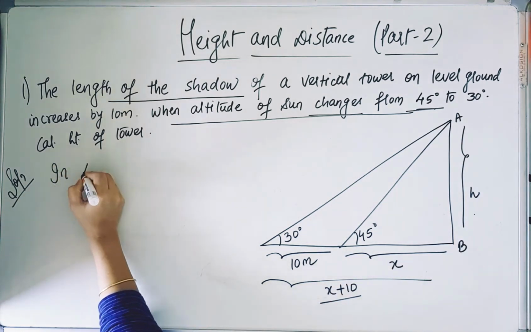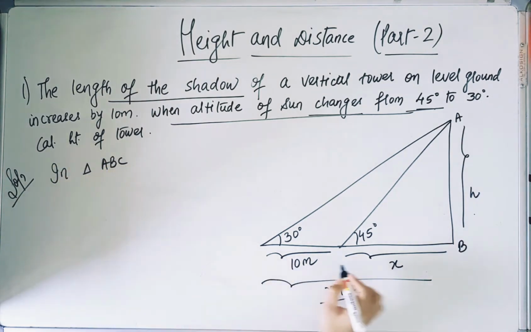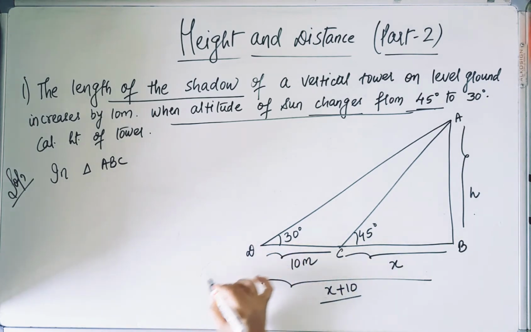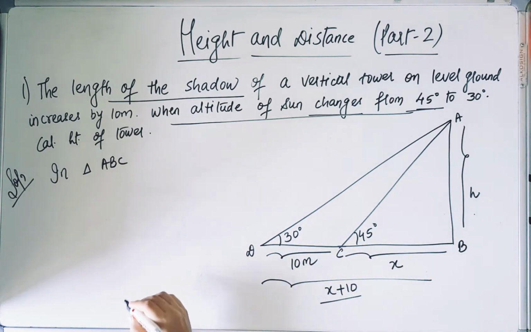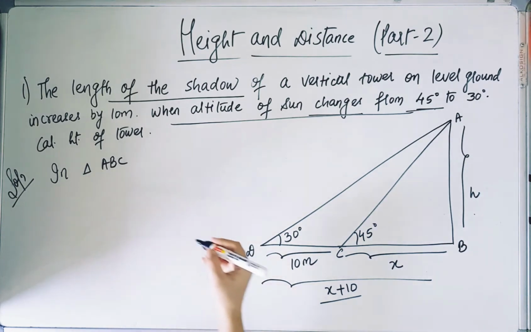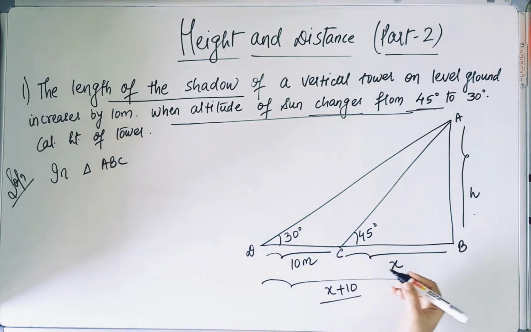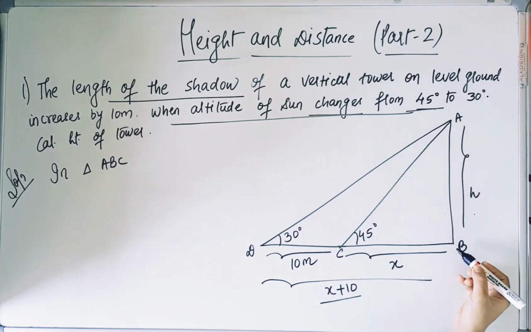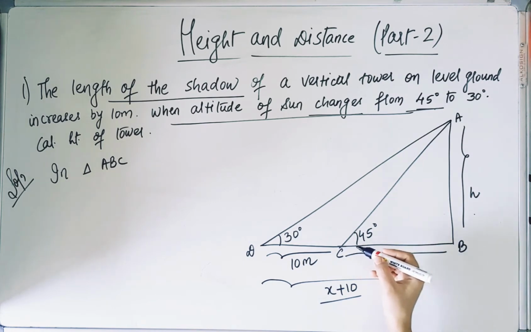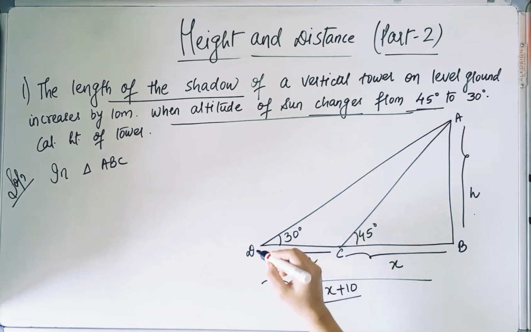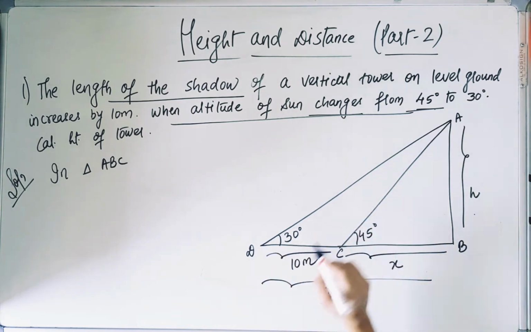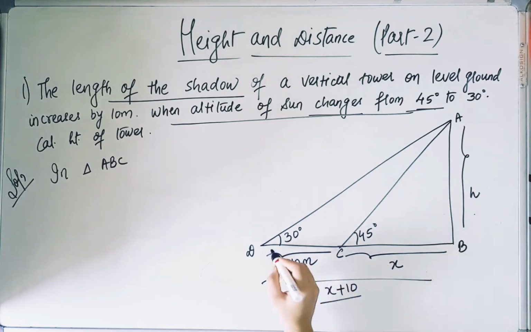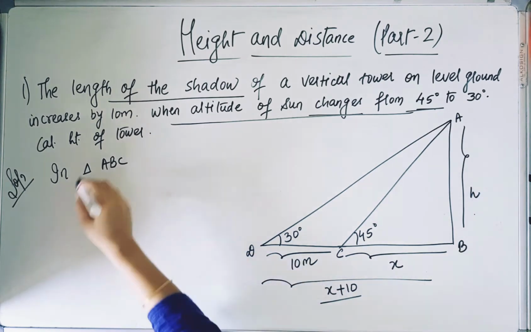So in triangle ABC, I'll consider this point to be C and this point to be D. Before this we have to write the theory portion, that is, let AB be the height of the tower and this BC is the shadow of the tower when inclined at an angle of 45 degree, and BD is the shadow of the tower when inclined at an angle of 30 degree. Thus BC is x and DC is 10. So BD is x plus 10.